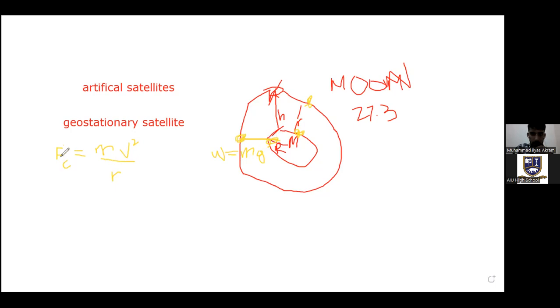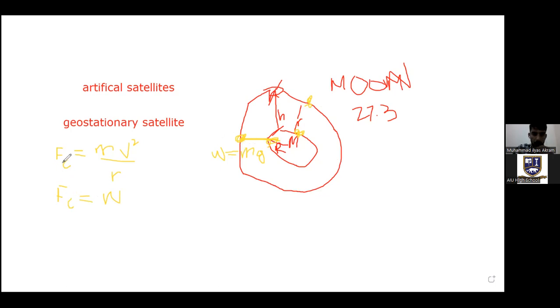So the force Fc, that is also called centripetal force, will be equal to the weight of the satellite. When the weight of the satellite is equal to the centripetal force, this satellite will rotate in that direction, that is called the circular direction of the satellite.